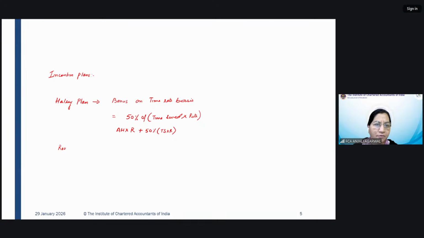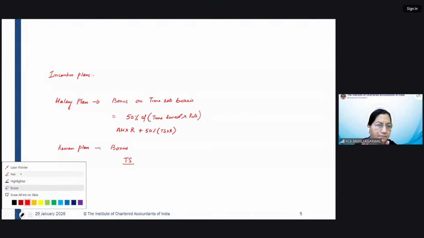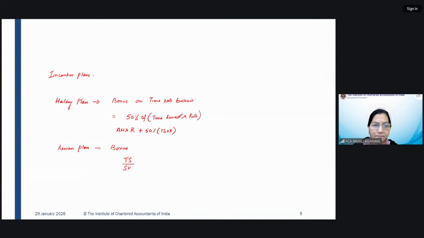Then we also talked about Rowan plan, which provides bonus on the basis of a proportion. What is the proportion? Proportion is how much time was saved on standard hours. This proportion is applied to the wages he has earned on time rate.